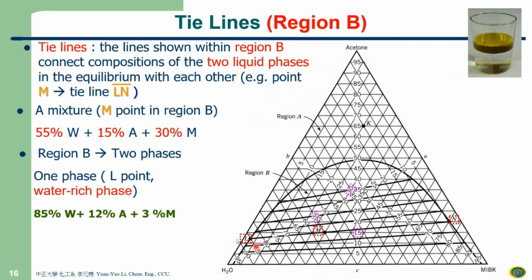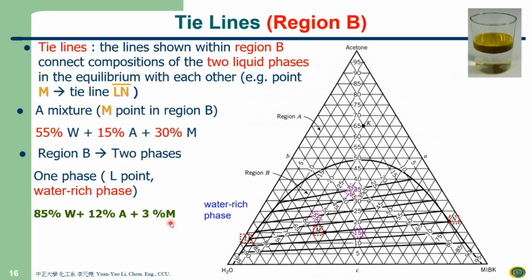This is water rich phase. Water will be 85, and then acetone will be between 50 to 10, so let's say 12. MIBK will be this line, the phase to here, that'll be 3. So 85, 12, 3, 100%.